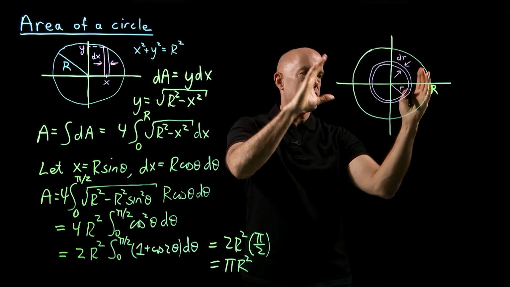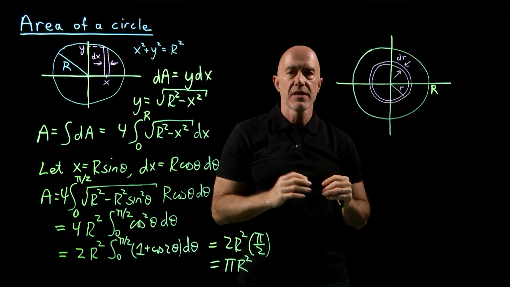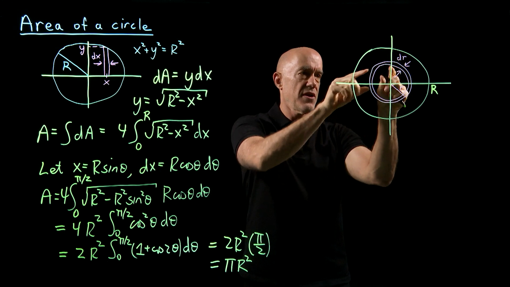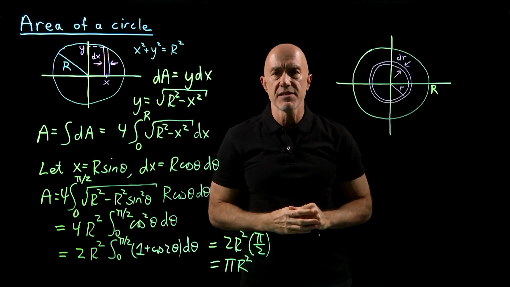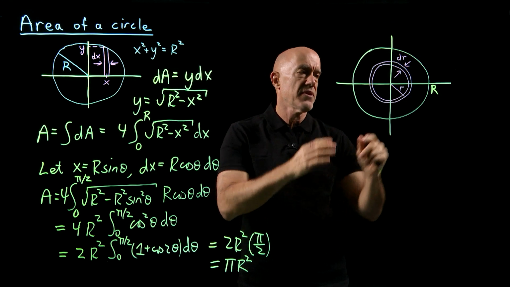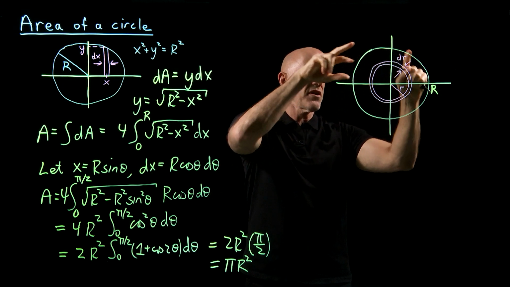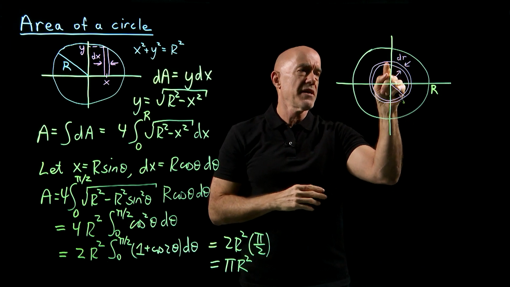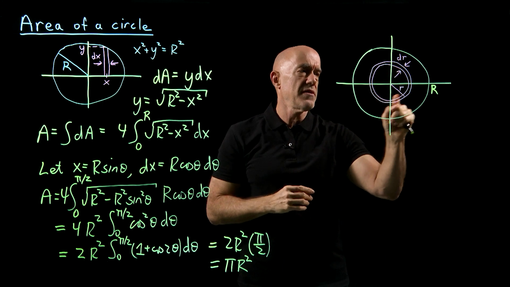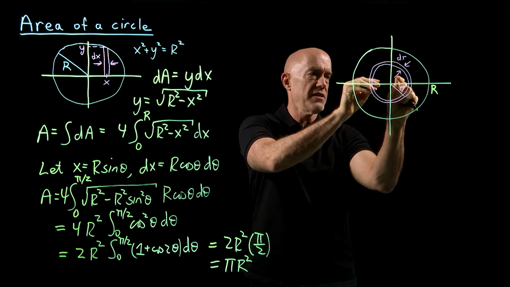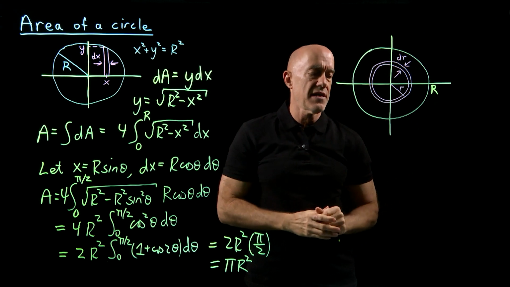We have our circle of radius r. Inside the circle, we draw 2 circles. They're separated by an infinitesimal distance dr. They have a radius of r. And we can find the area of the whole circle by summing up the areas between these 2 concentric circles. So we're going to have a whole bunch of these little areas and sum them up.